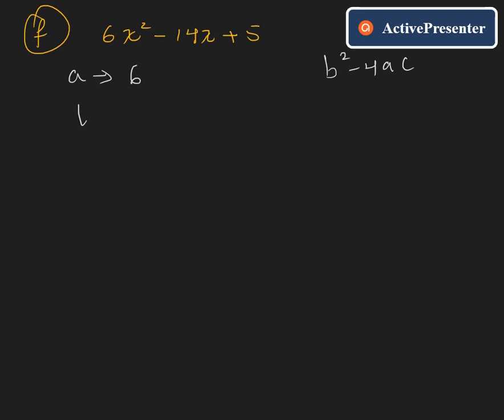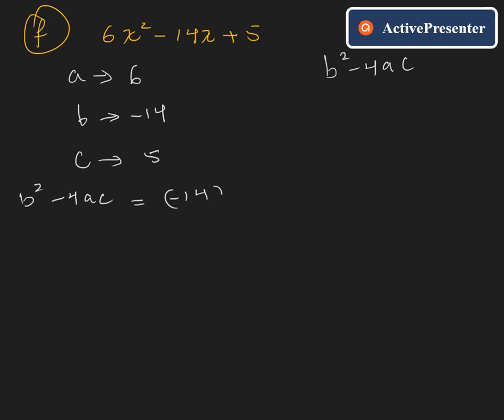Let's now take another question. If I say 6x squared minus 14x plus 5, we would like to check whether b squared minus 4ac is a perfect square or not. So here a is 6, b is minus 14, c is 5. Then b squared minus 4ac is equal to what?